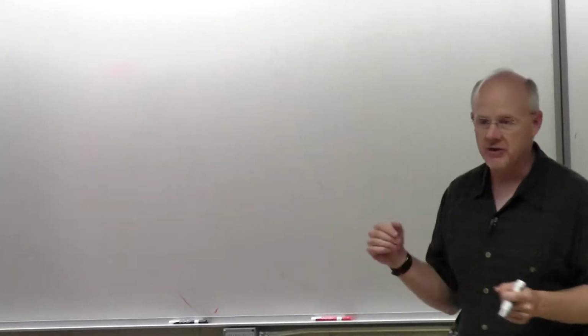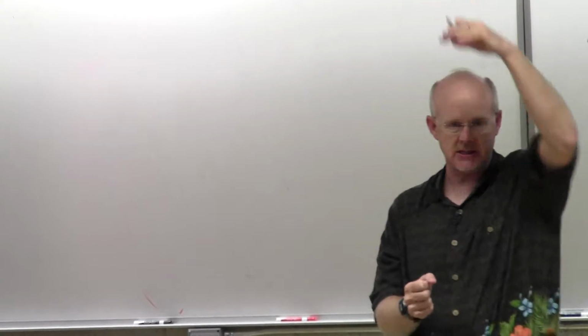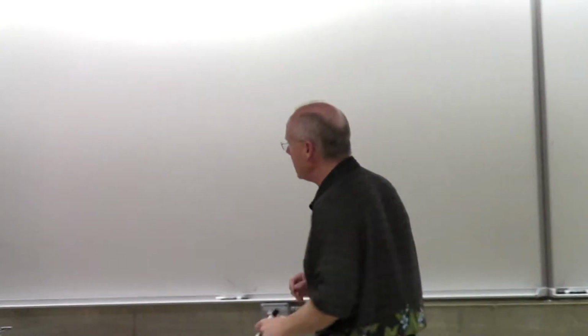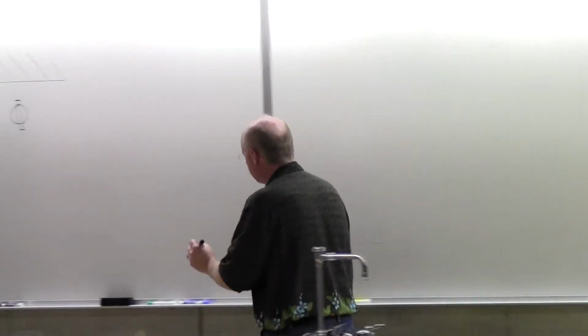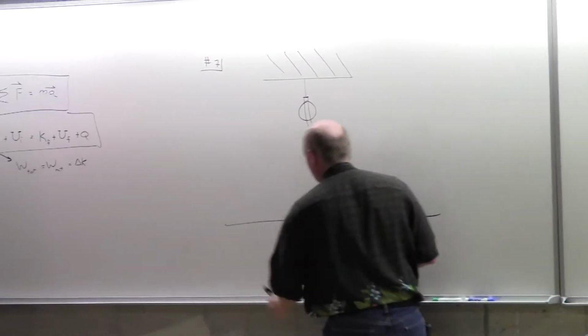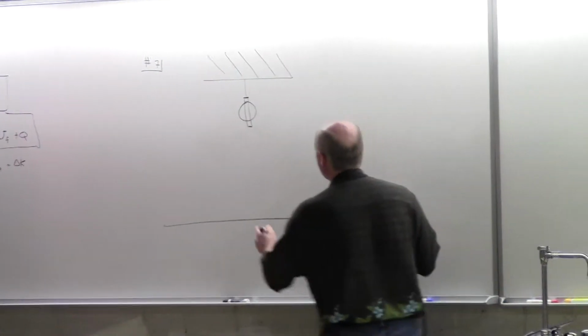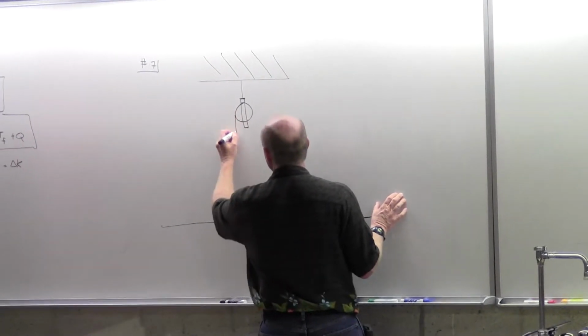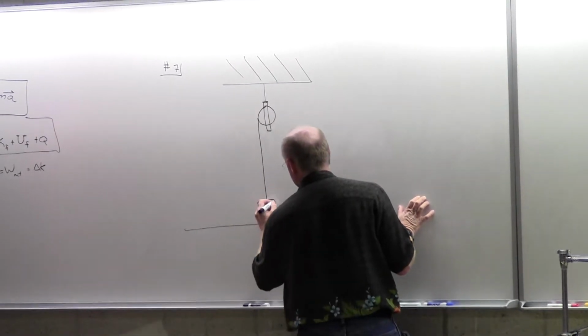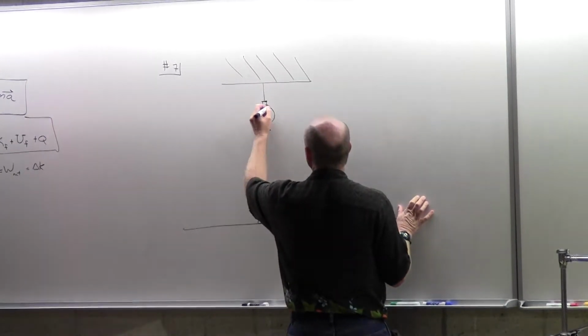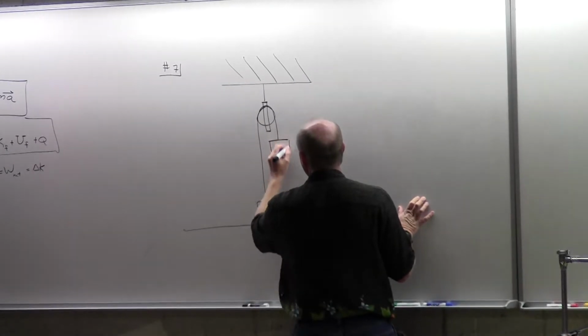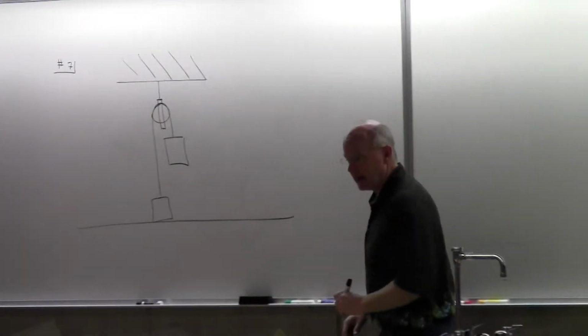We don't hook ours to the ceiling; we've got our bench rods that stick up. We place the bottom, which in our case will be the table, not the ground. But they have this string that comes down over the pulley and then around something like this.